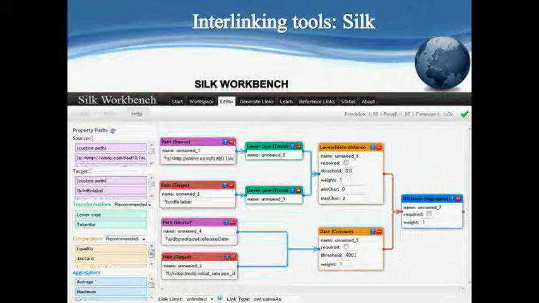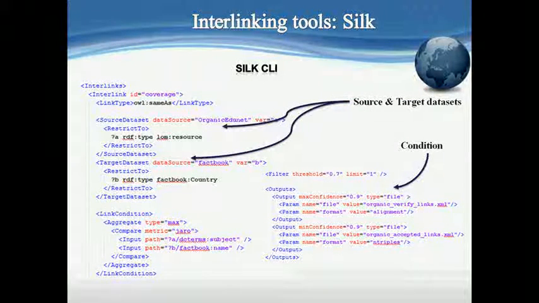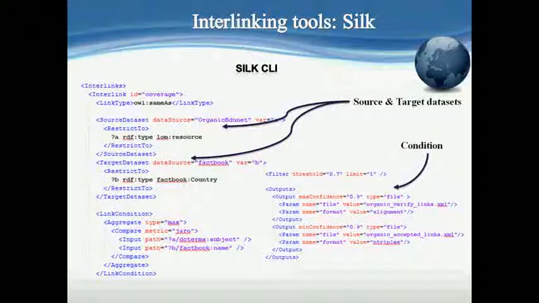This is the screenshot of the Silk Workbench. The Silk interlinking tool has two versions, the Workbench, which is web-based, and the CLI. So in the web-based version, you can use some drag and drop techniques, and you can do the interlinking in a web-based format. And, as I mentioned, Silk has a command line version, so you can specify your information and configuration in XML files, and then you can run the tool as well.